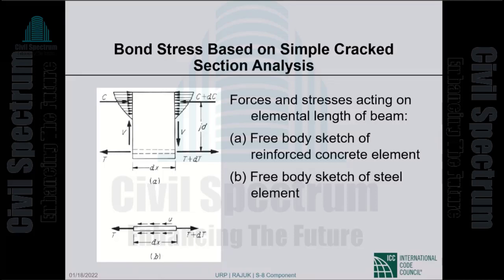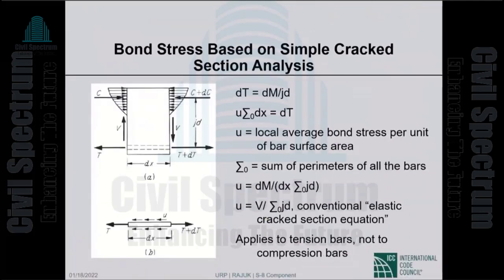In figure A, we have the free body sketch of the reinforced concrete element. In figure B, below, I have the free body sketch of the steel element, and it involves the bond stresses u. Okay?